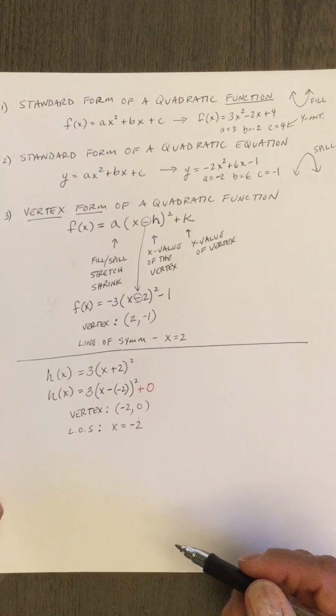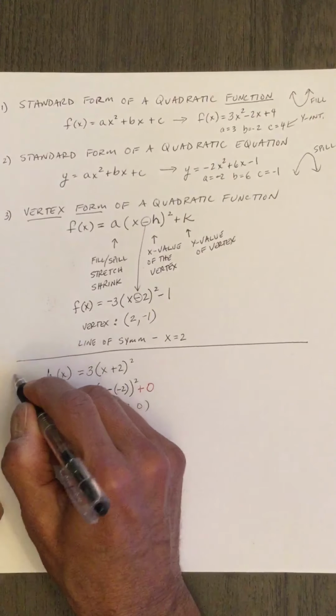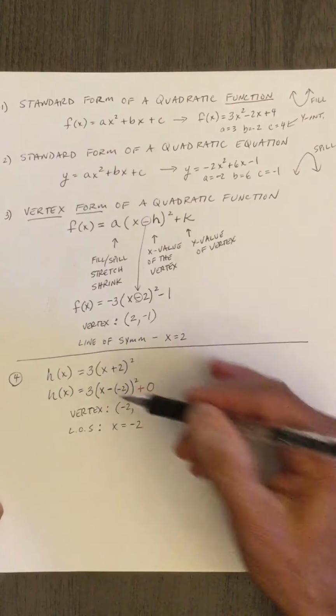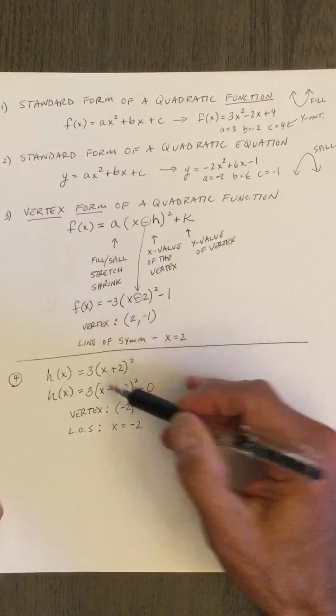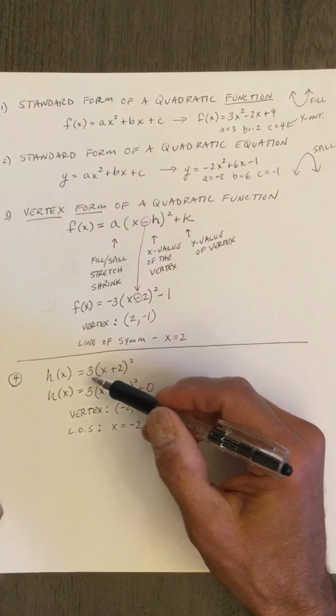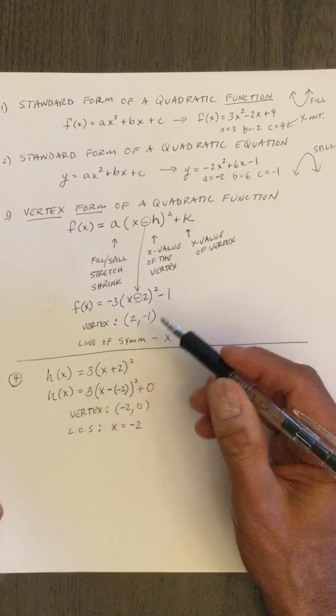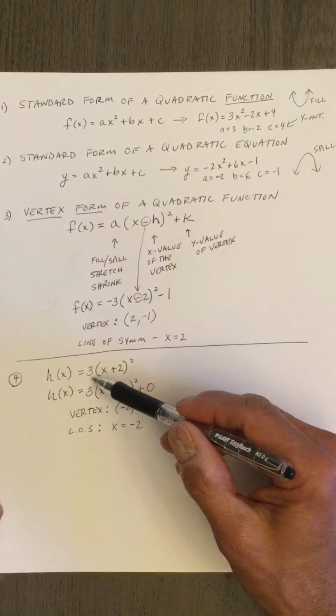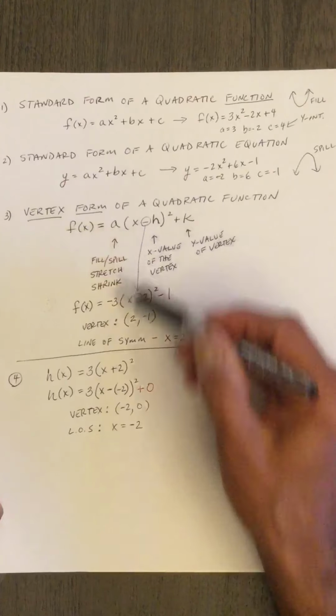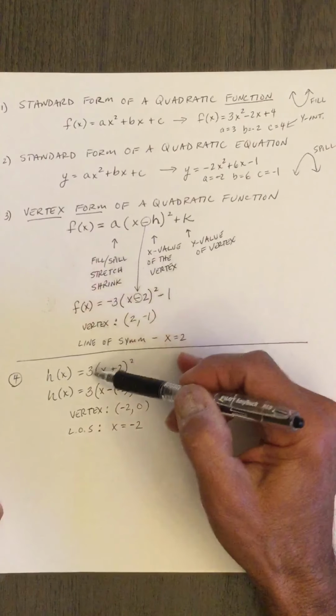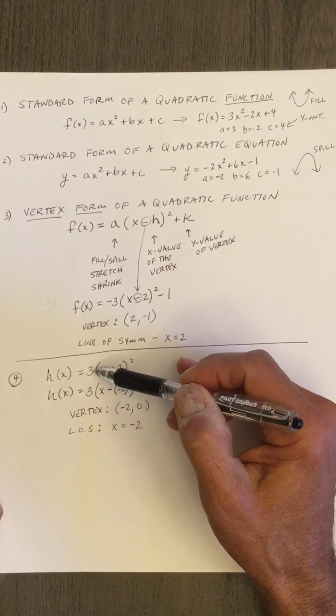Now, what else can I tell from this equation or this function? If I look right here, that's A. A is positive, okay, and it's a 3.